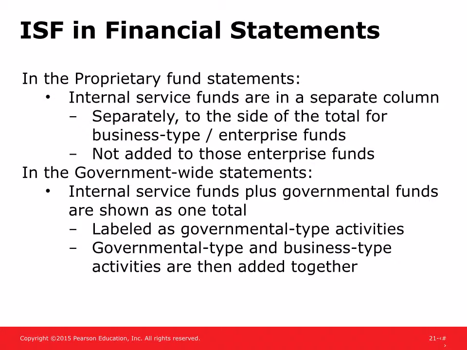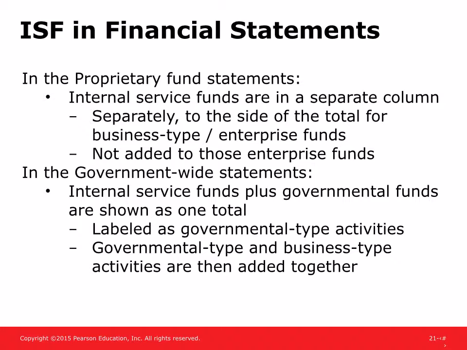So this slide here might clear up some confusion that you may have. Within the proprietary fund statements, you see the internal service funds set out in a separate column, which is what we saw a couple slides back, where it's presented right next to the enterprise funds. So it's not just added up with those enterprise funds, it's reported separately. And then in the government-wide financial statements, the internal service funds are included with the governmental funds and shown as one total.